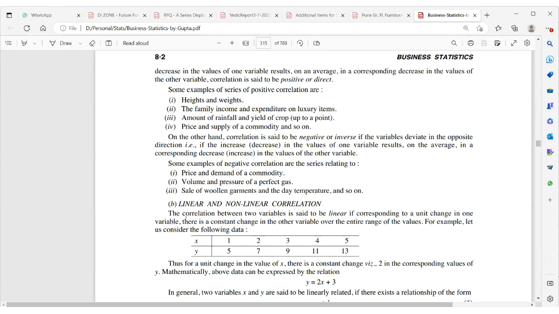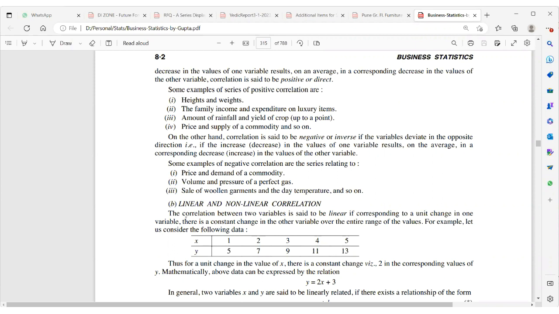That means it has a reverse impact on the other. This is called a negative correlation. If one series is increasing, the second one is also increasing. That is called a positive correlation. Got it? Clear? So we have either positive correlation or negative correlation.